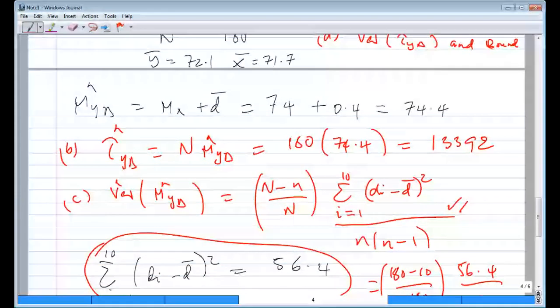Normally, unlike here in this example where it was not clearly stated, they will talk about the total of something for TX, and for mu X, they will talk about the average of something.